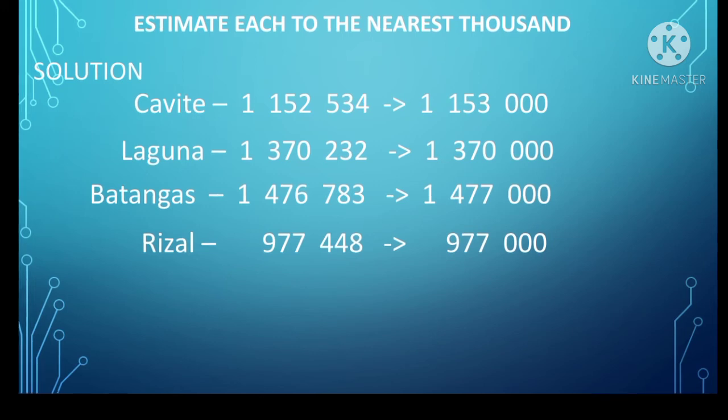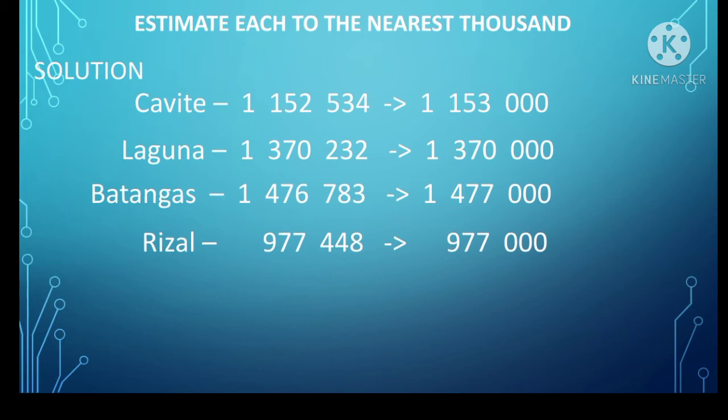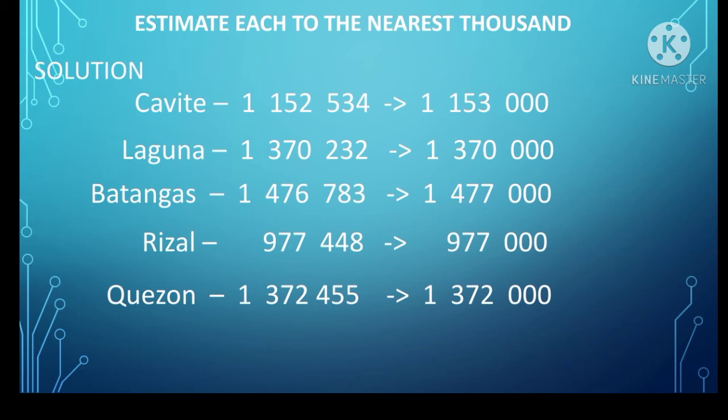Next is Rizal. 977,448 to 977,000. Since the nearest thousand from the given data is 7, and the number right beside 7 is 4, so it is less than 5, so we are going to round down. Last is Quezon, with given data of 1,372,455.